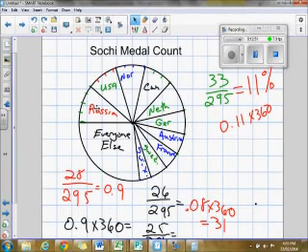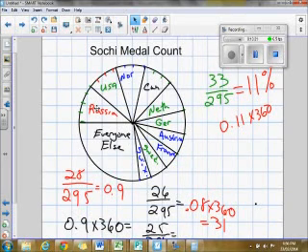And you can see how it compares to all the other countries involved in the Olympic Games. After the first 10 countries, everyone else got 100 degrees, so a little less than a third of the medals. The other 12 countries here received approximately 2/3 of the medals, a little more than 2/3.